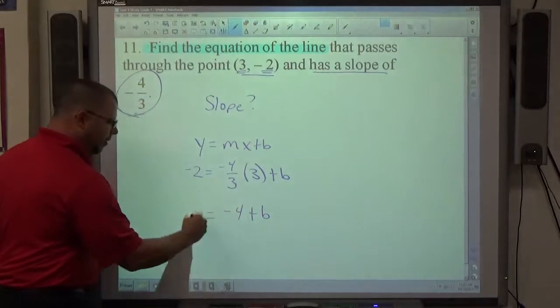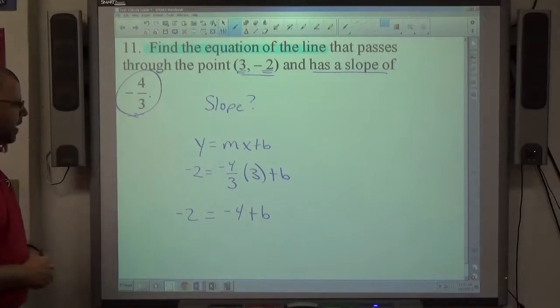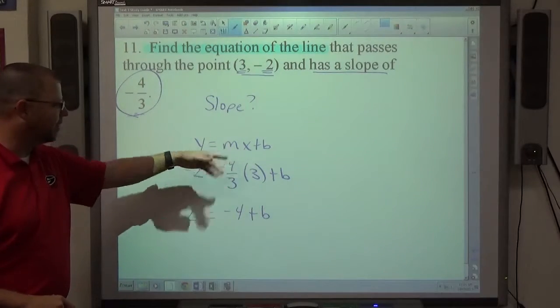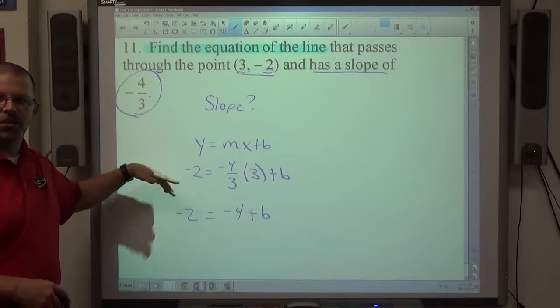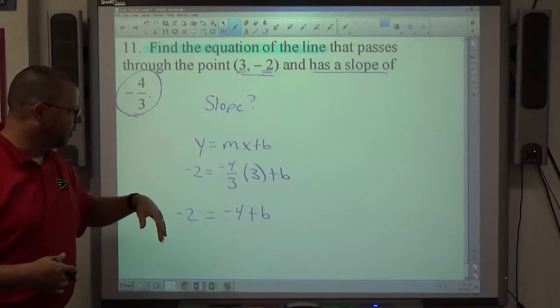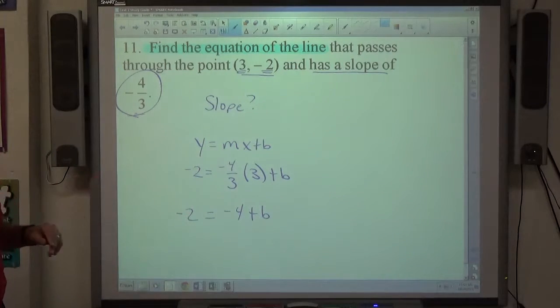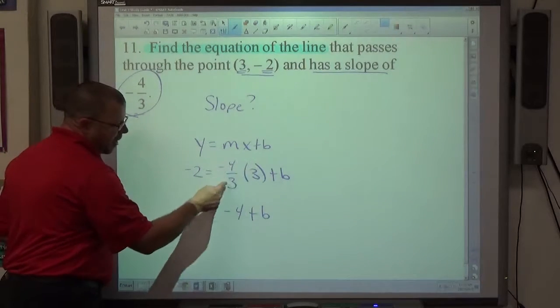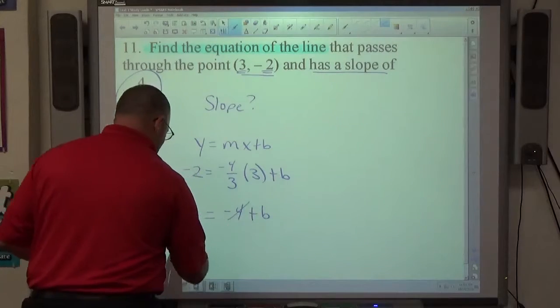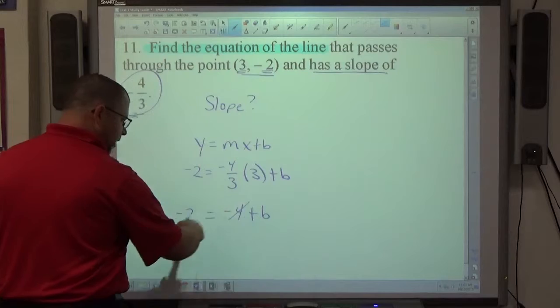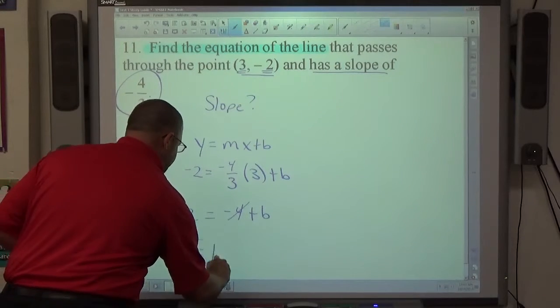That came out to an integer, so I'm going to leave this as negative 2. If this came out as a fraction, let's say it was negative 8/3, I want to make this negative 6/3. This one came out to an integer. I'm not guaranteeing that to happen on the test. But if this does come out as a fraction, just make this a common denominator fraction on this side. Add 4 to this side. Take it off of that side. We get 2 equals b.